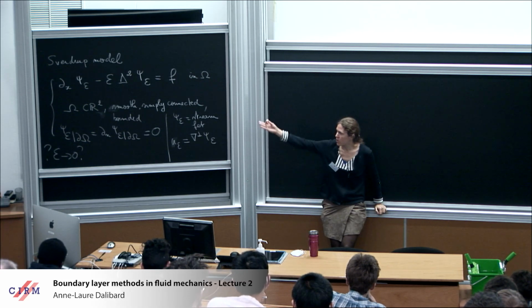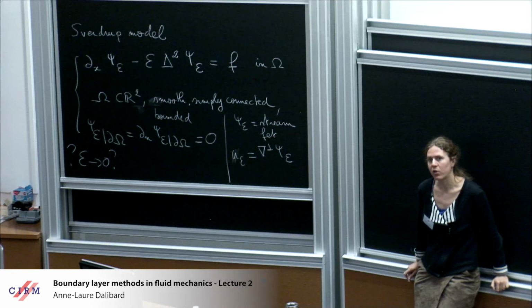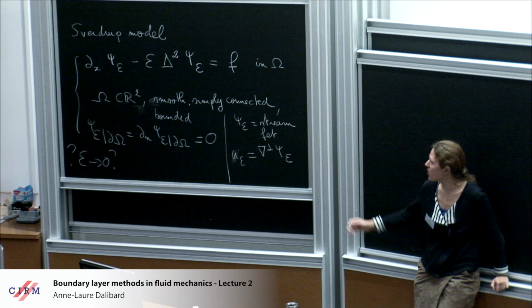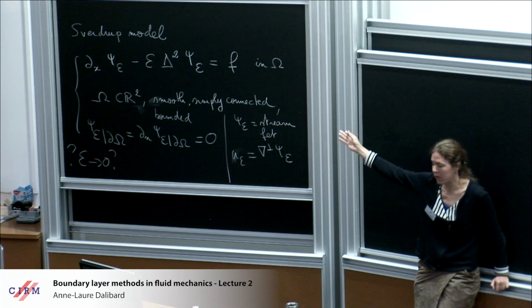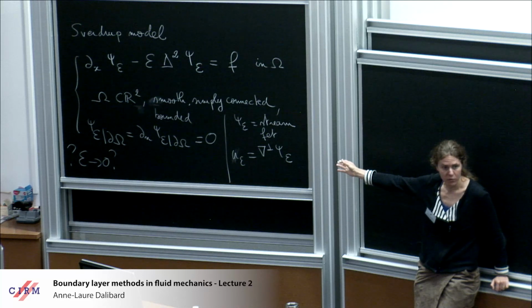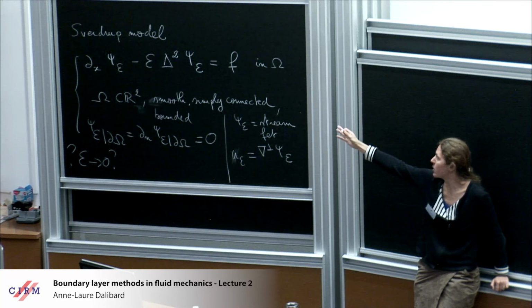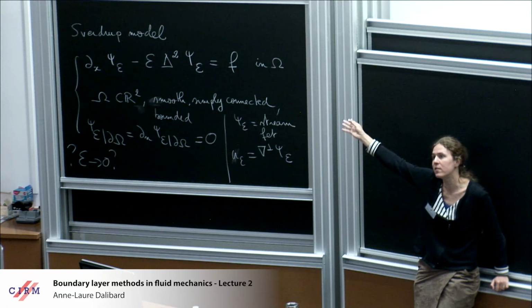And under this assumption, this is the equation that you get for the stream function. Actually, this is the equation in vorticity form, because you know that the Laplacian of psi epsilon is the curl of u epsilon. So when you see the bi-Laplacian of psi epsilon, you need to think that this is the equation for the vorticity.